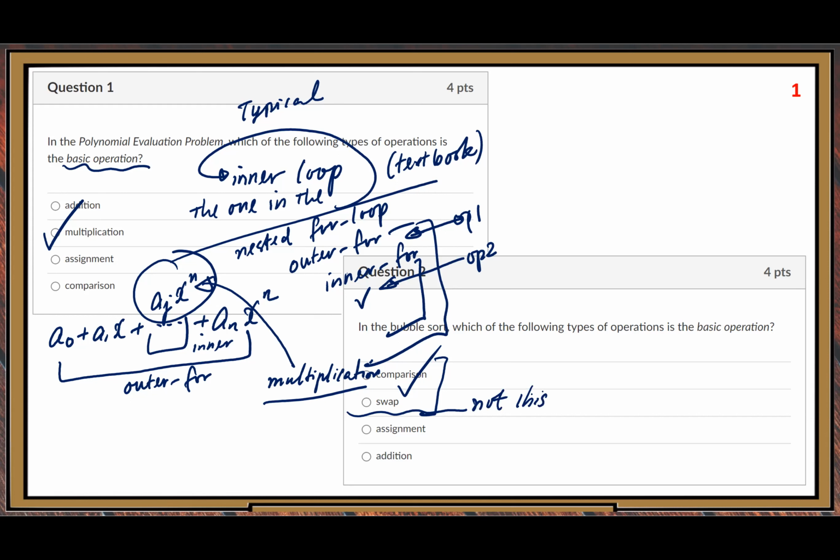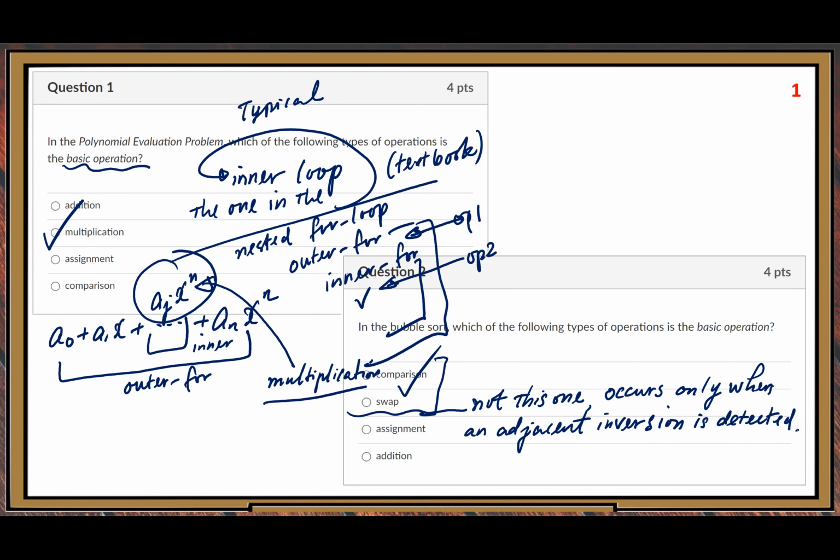The reason is very simple: a swap operation occurs only when an adjacent inversion is detected.